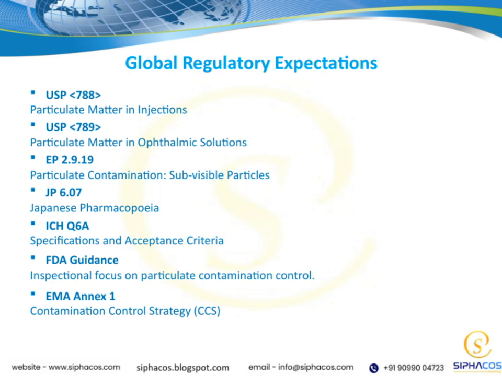Then there's ICH Q6A, which sets specifications and acceptance criteria. The FDA emphasizes inspectional focus on particulate contamination control, while the EMA's Annex 1 outlines a comprehensive contamination control strategy. Together, these shape how we manage particulate matter worldwide.